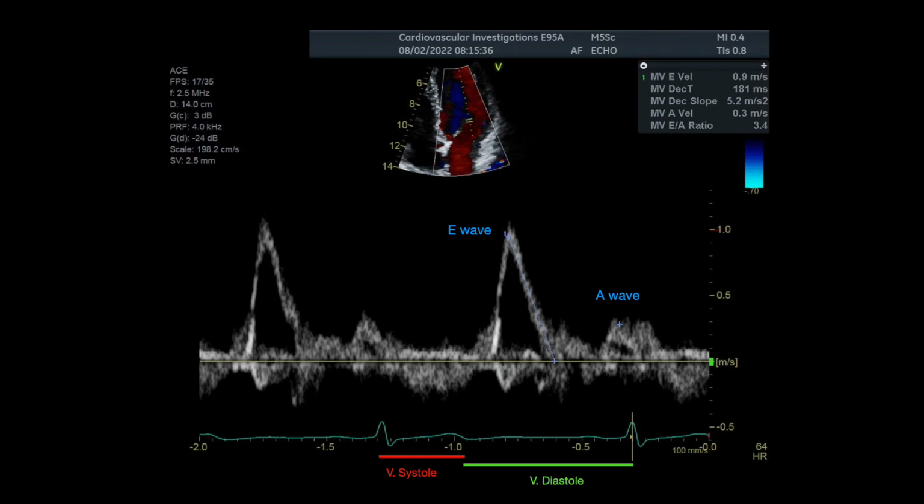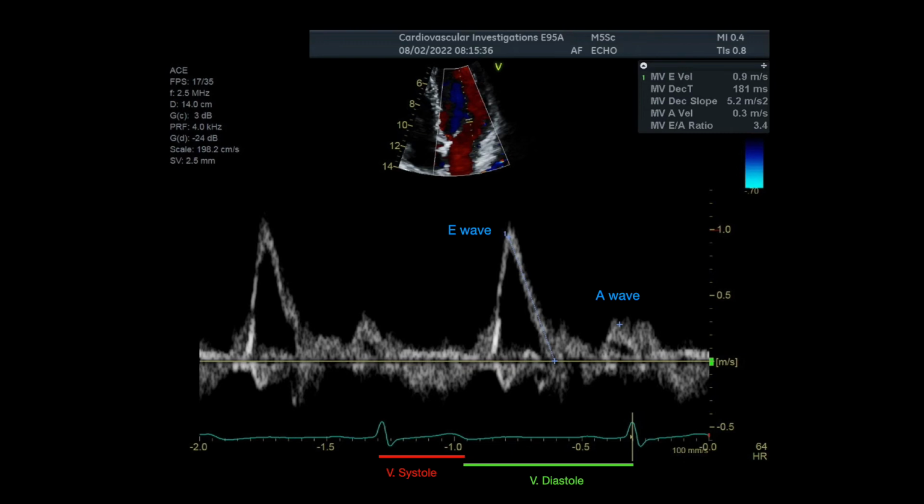The relevance in mitral valve pathology is that, particularly in MR, patients with severe MR have very dominant early filling. So that means an increased E wave velocity due to the increased diastolic flow across the mitral valve. So in patients with severe MR, their E wave velocity is usually more than 1.2 meters per second.